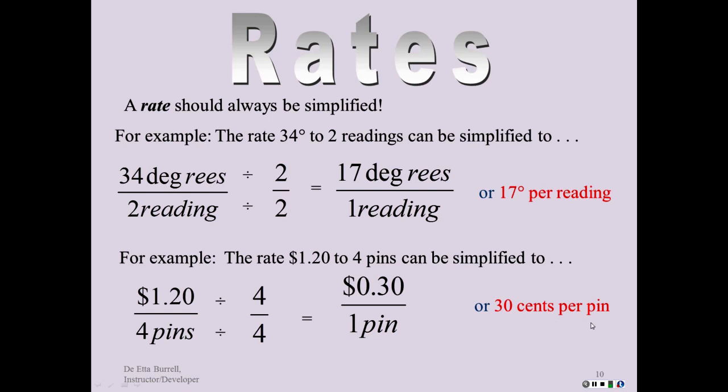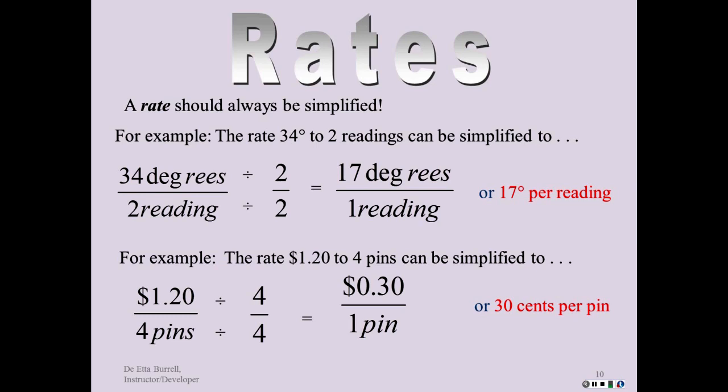And since we do that in application, for me in my class, it's okay for you to write your rates that way, unless I specifically tell you to write it as a fraction or to write it in standard form, okay? So if you're dealing with a rate and you want to write it as 30 cents per pen, that's okay with me. Just follow the directions on whatever the exercise says, okay?